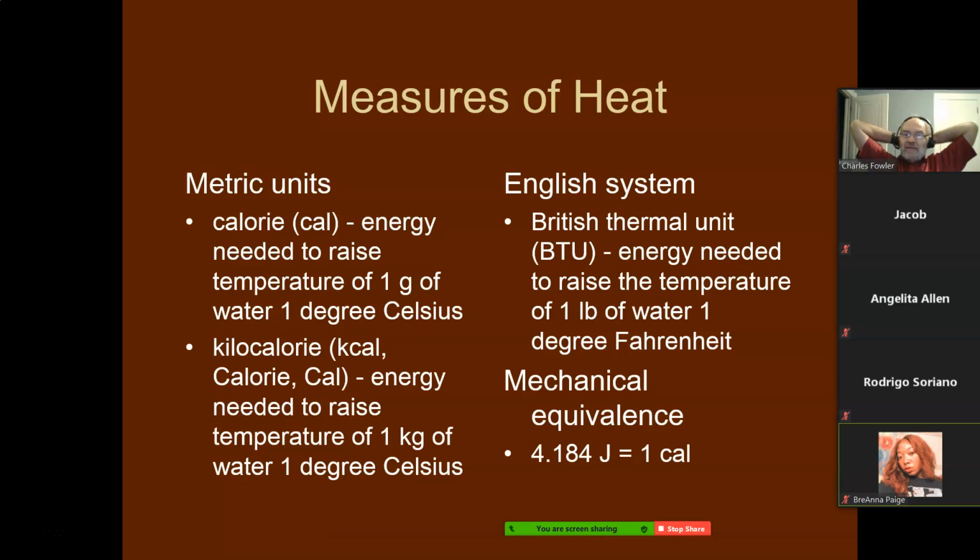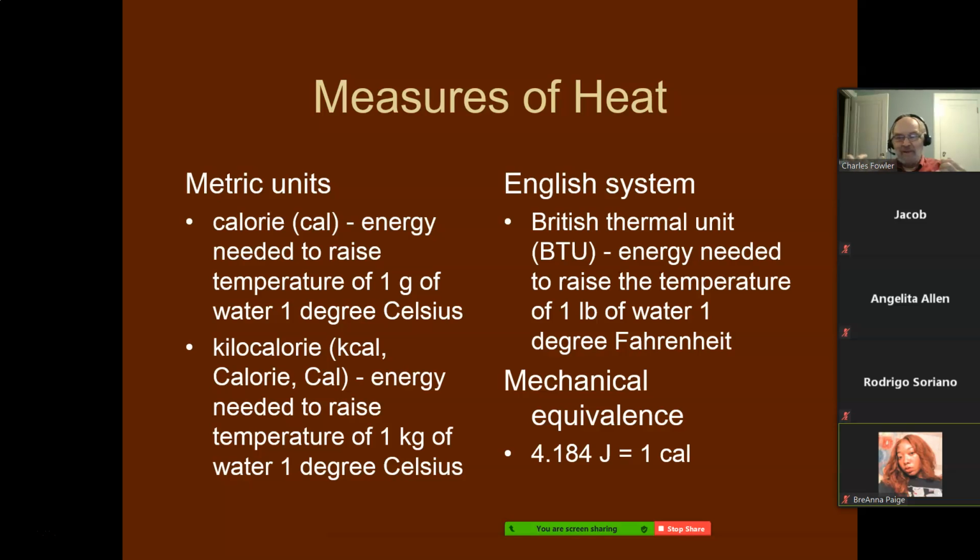Now, how do they define that? It's the energy needed to raise 1 gram. Now, 1 gram is a tiny amount of matter, okay, of mass. It would be like maybe an aspirin tablet, okay, very small, to raise 1 gram of water 1 degree Celsius.